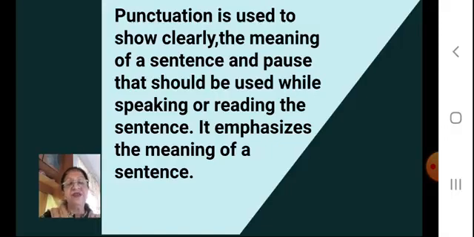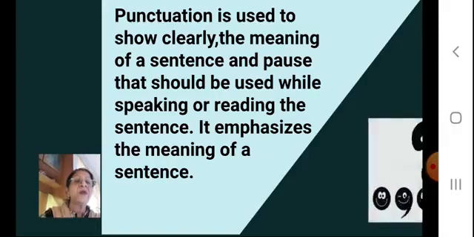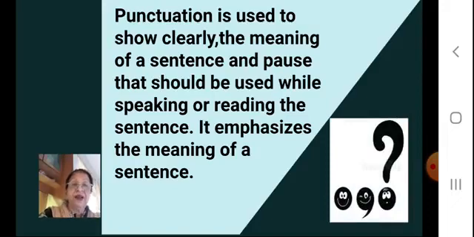You must have seen in a sentence there is a full stop, a comma. When we ask a question, there is a question mark, right? So today in this chapter we are just going to learn about 3 punctuations, that is the full stop, comma and question mark.